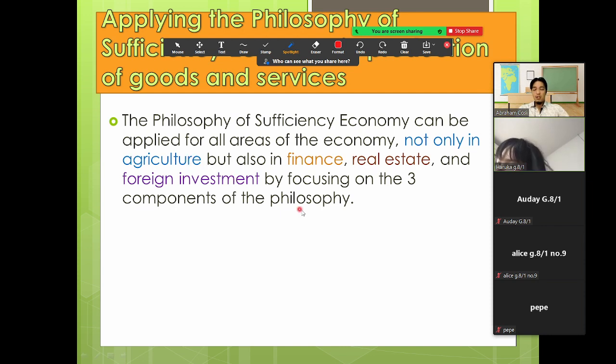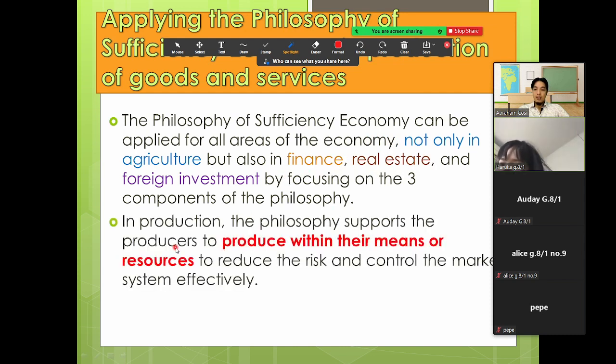So we should apply the whole philosophy on agriculture, finance, real estate, and foreign investment. Also in production, the philosophy supports producers to produce within their means or resources. They should only produce what they can, not produce too much that some would be put to waste.